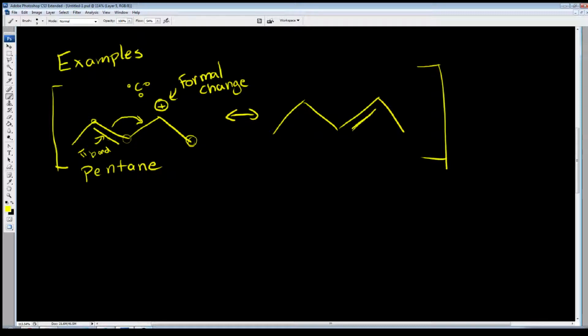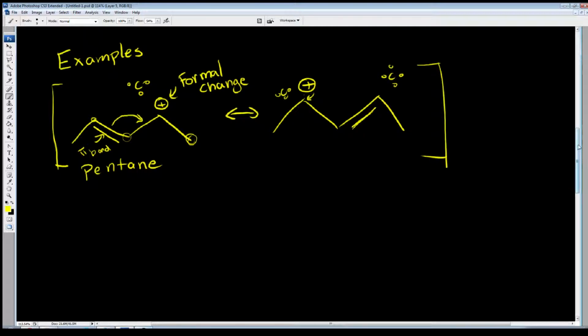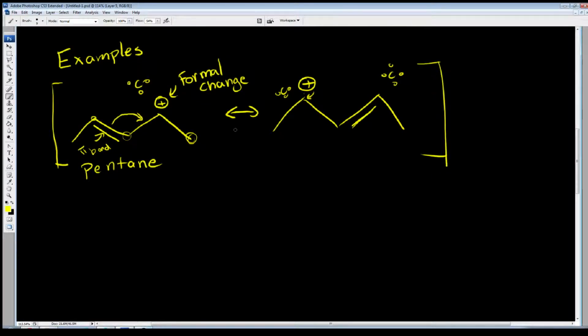Because you moved this pair of electrons to the other side, this carbon now has 4 valence electrons. However, this one over here is going to end up with 3. So your positive charge is going to be on this carbon. All right? And that's really the basics that you do need to remember.